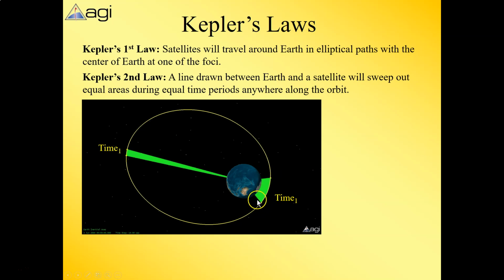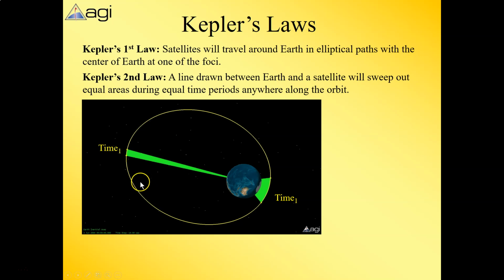This area that's swept out over a period of time is the same as this area that's swept out over a period of time. The time is the same amount. The area is the same amount. The distance they are away from the Earth is what's different here. These areas have to be equal.